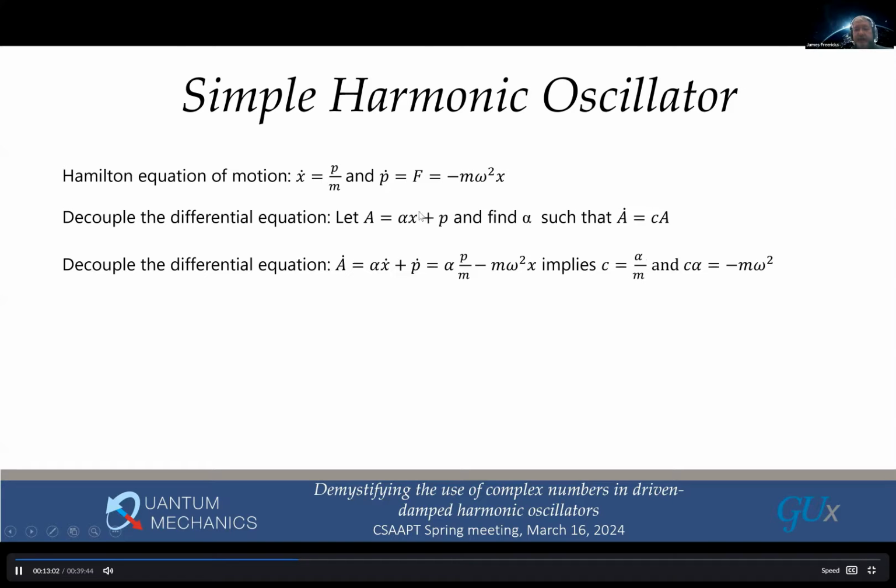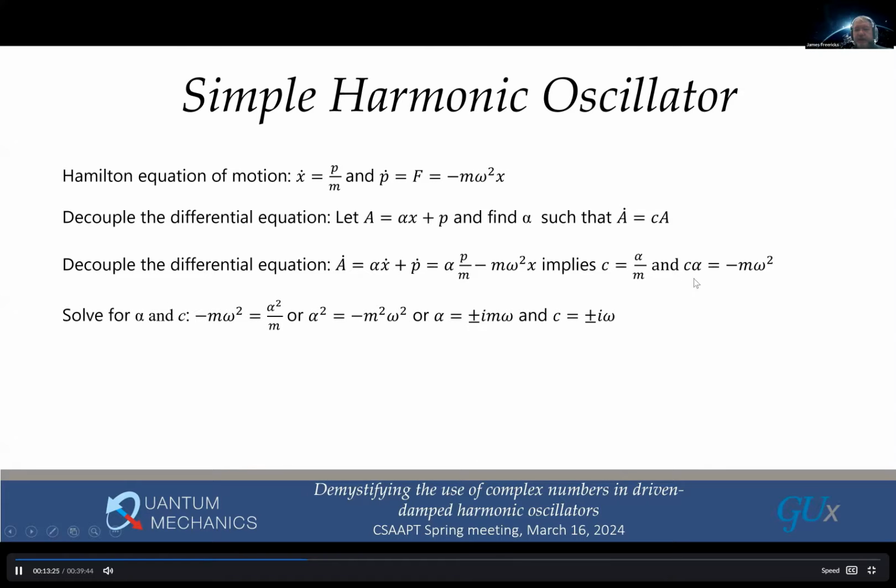And then because I know what c is, I can determine what alpha is from this coefficient, because this coefficient in the second half of the equation will be c times alpha. So c times alpha is minus m omega squared. And you see, these are algebraic equations. So we now want to solve them. So we plug in for c into this equation.